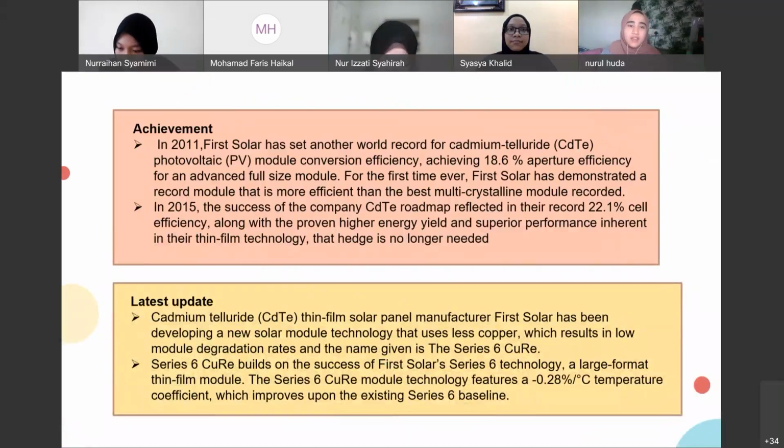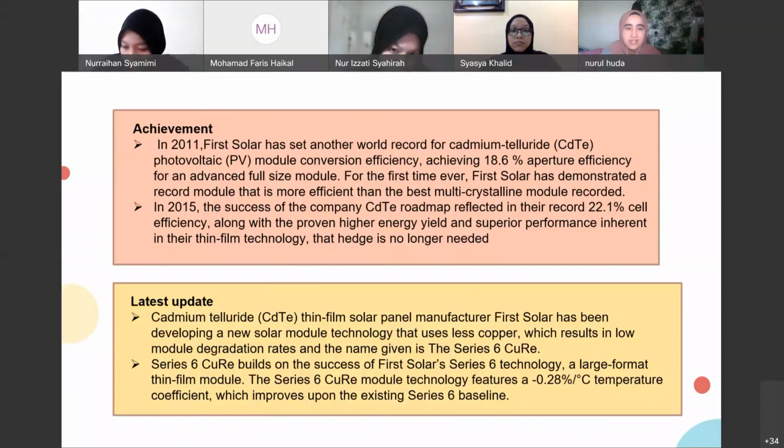There are a few achievements that First Solar has made. One achievement is in 2011, when First Solar set another world record for cadmium telluride photovoltaic module conversion efficiency, achieving 18.6% aperture efficiency for an advanced full-size module. For the first time ever, First Solar demonstrated a record module that is more efficient than the best multi-crystalline module record.